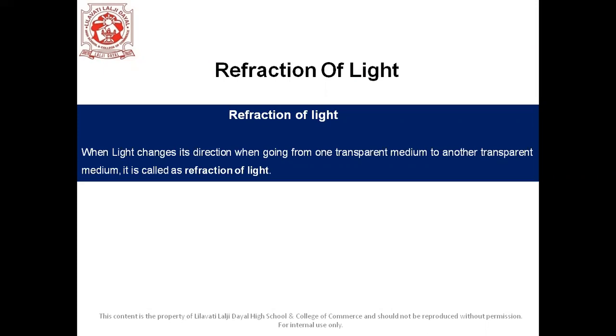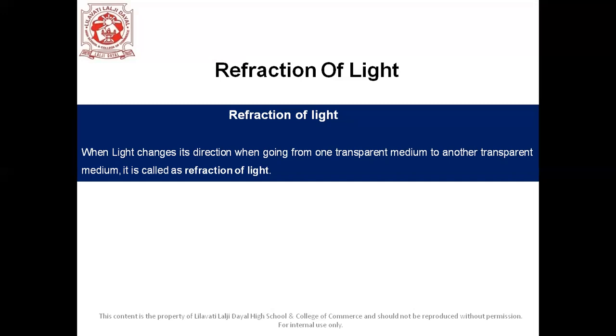The change in the direction of propagation of light as it passes from one transparent medium to another is termed as refraction of light. This refraction occurs as the velocity of light is different in different mediums.